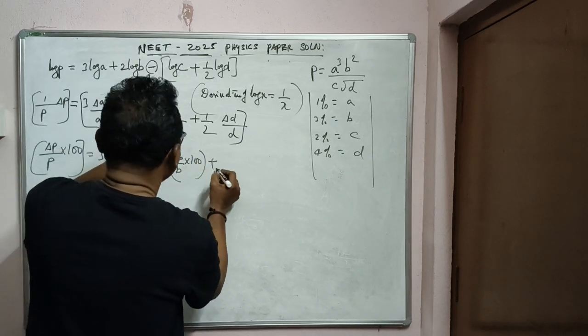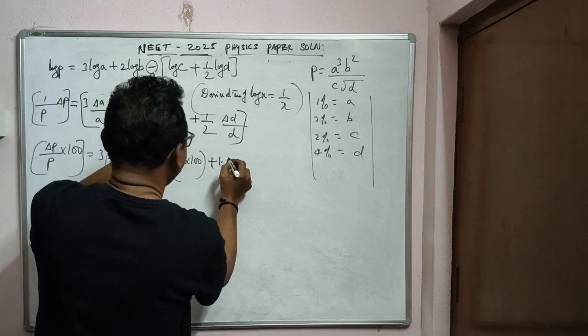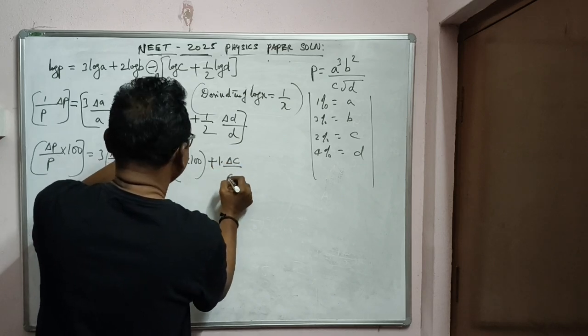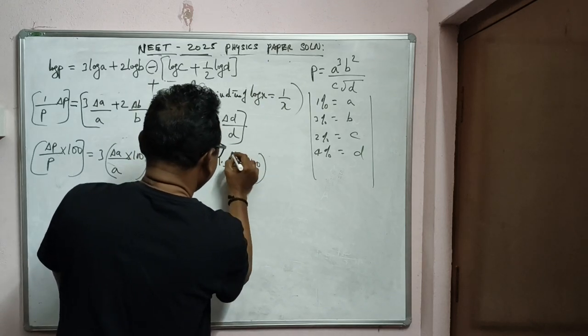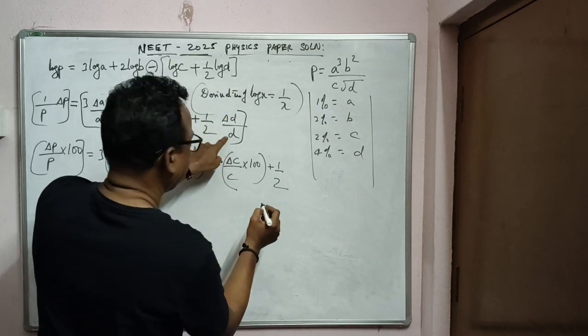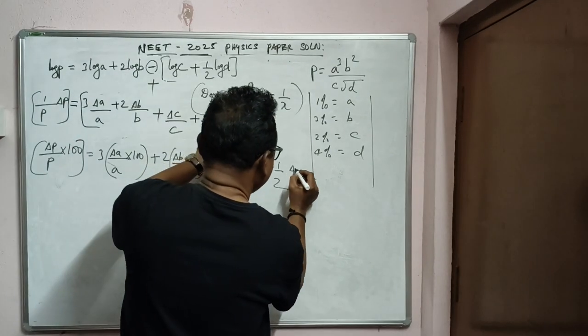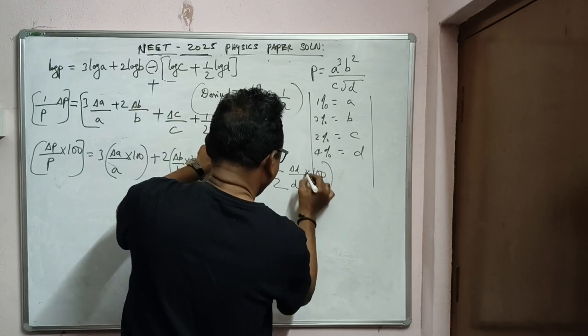The same here, nothing is there, therefore we can put 1. So delta C by C, relative error, percentage means into 100. The same way the last one, 1 by 2 into relative error of D. Percentage means delta D by D into 100.